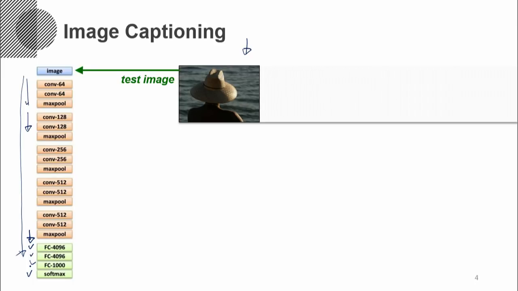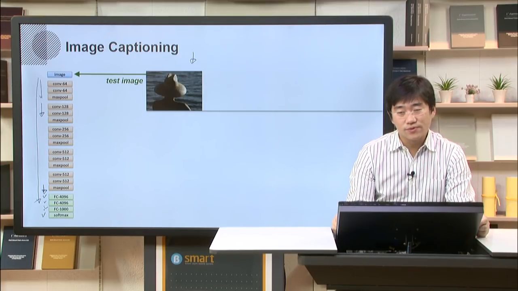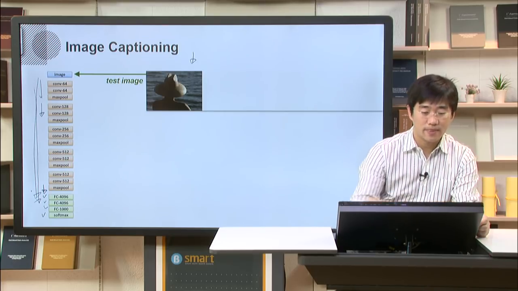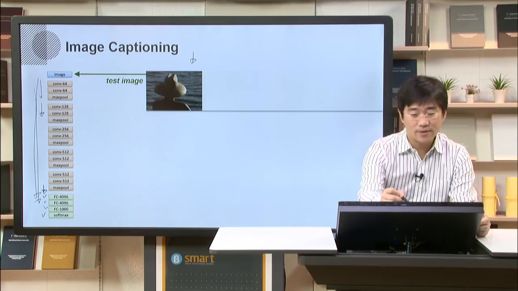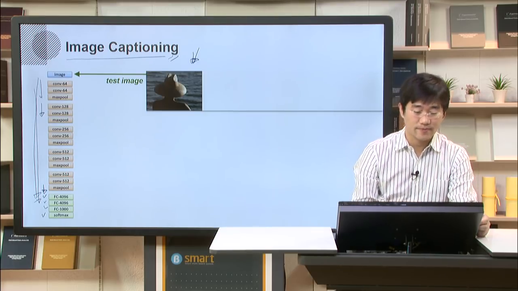So this deep learning model can be viewed as extracting useful and meaningful information internally, and we utilize it as a step of extracting useful information from our image for our own image captioning task.